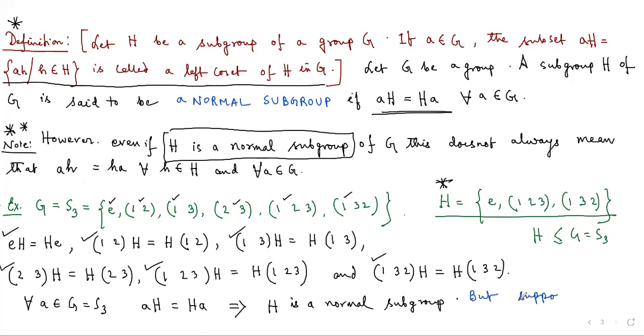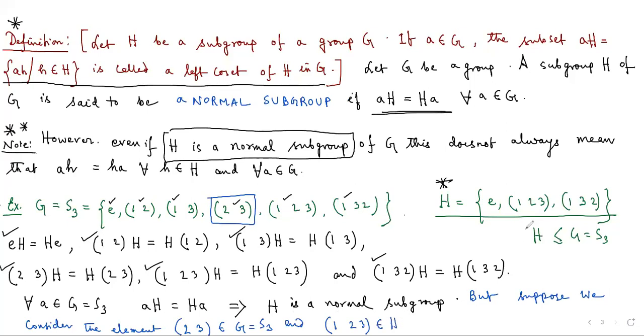Suppose we consider the element (2 3) from the group S3. I'm selecting this element, and an element (1 2 3) from H. Okay, I'm selecting this element from here.